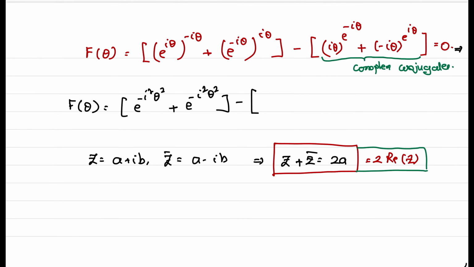We have taken x and y as complex numbers. Hence, when these two complex conjugates z plus z bar are taken, what will be its value? 2 into the real value of z. Do you agree?